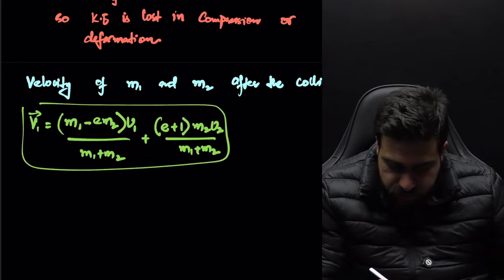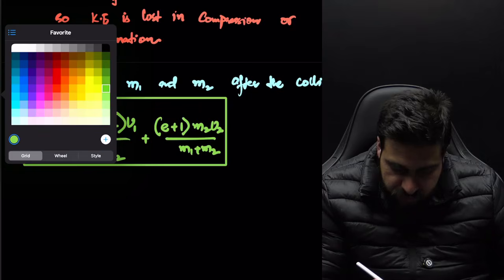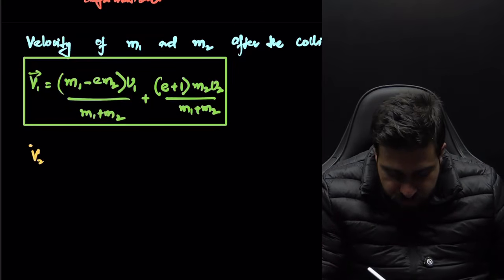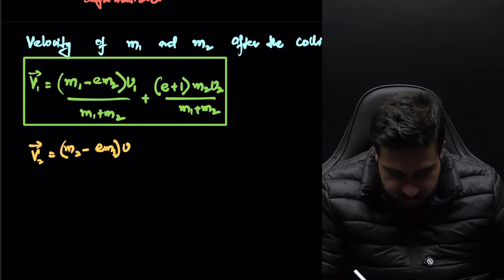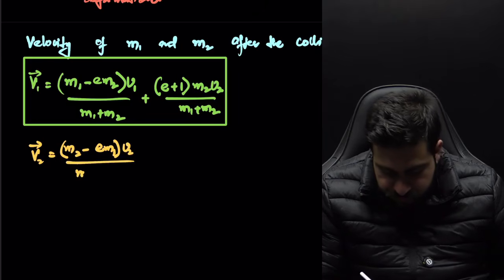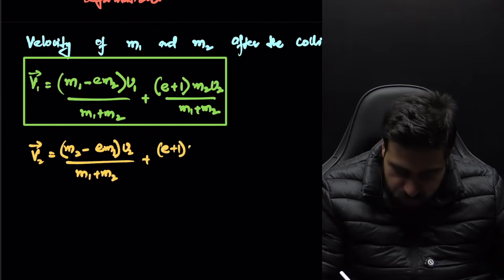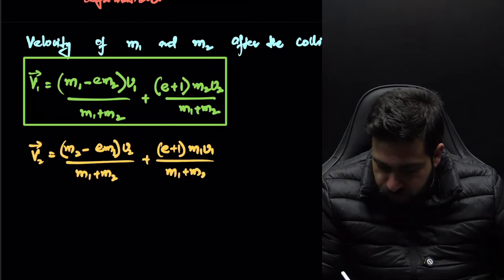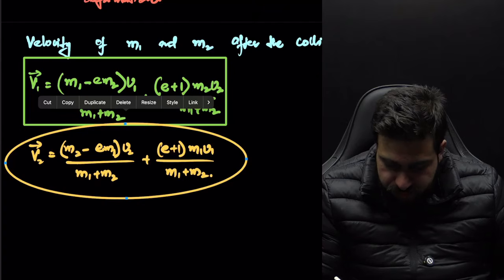This is the velocity of first mass after the collision. Then V2 is (m2 minus E times m1) into u2 upon (m1 plus m2) plus (E plus 1) m1 u1 divided by (m1 plus m2). I'll be telling you the trick also later on to remember this.